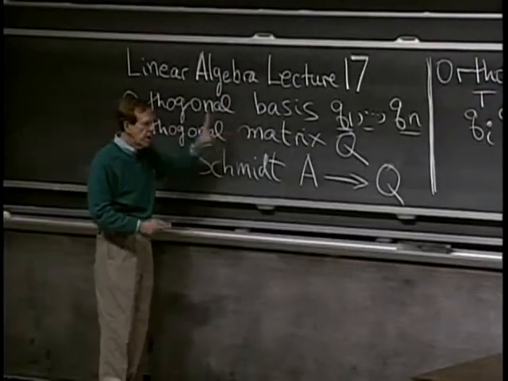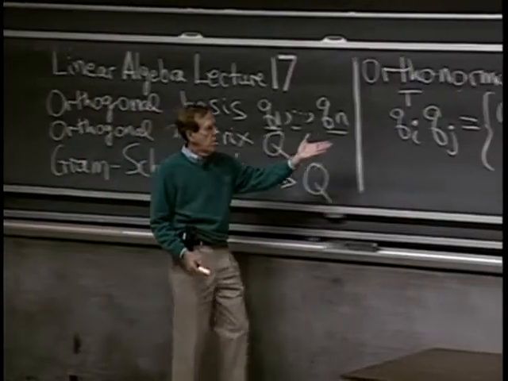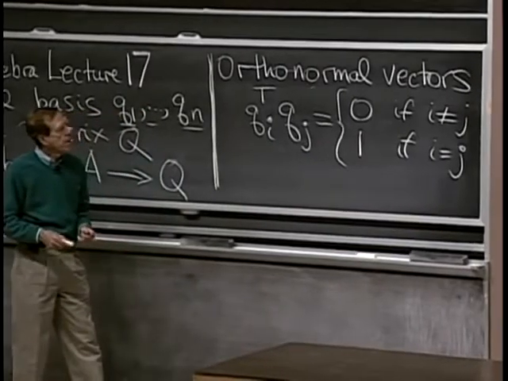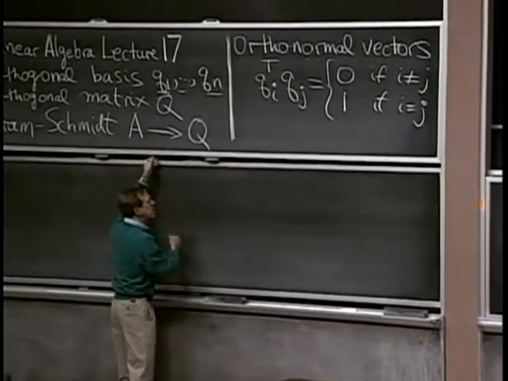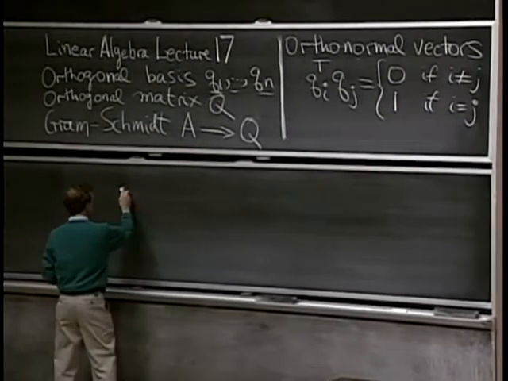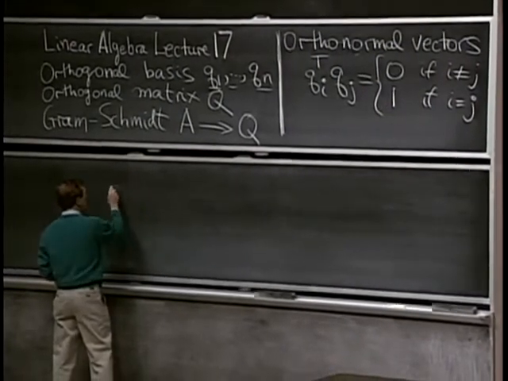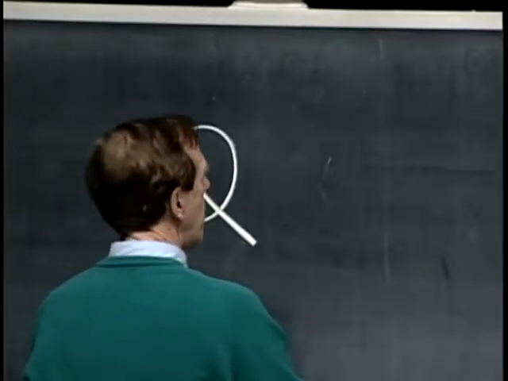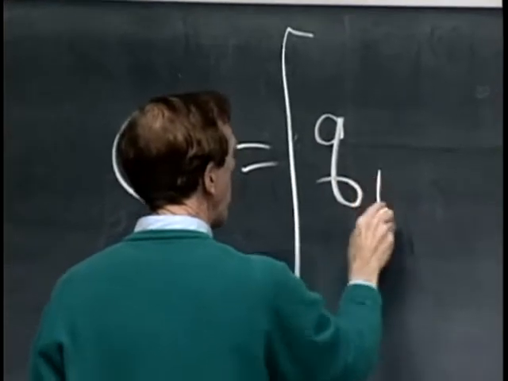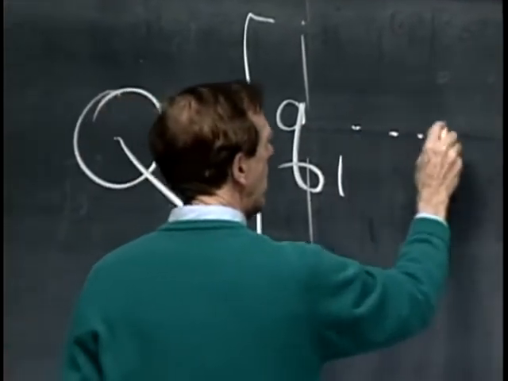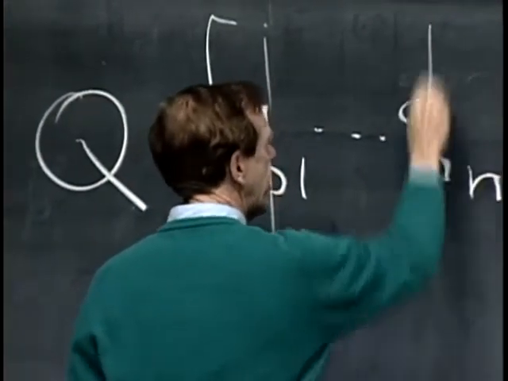So the first part is, we've got a basis like this. Let's put those into the columns of a matrix. So a matrix Q that has these orthonormal vectors. Q1 will be the first column. Qn will be the nth column.